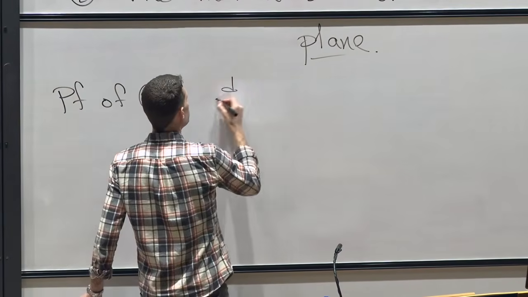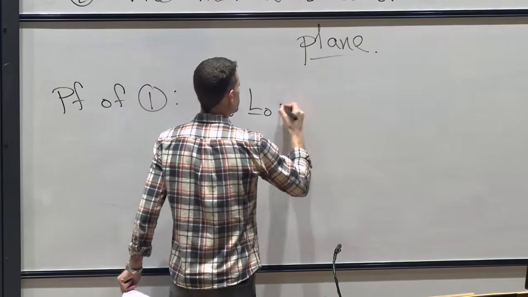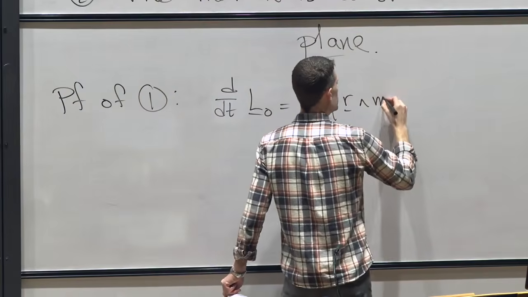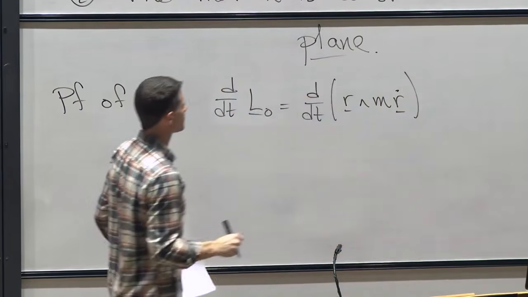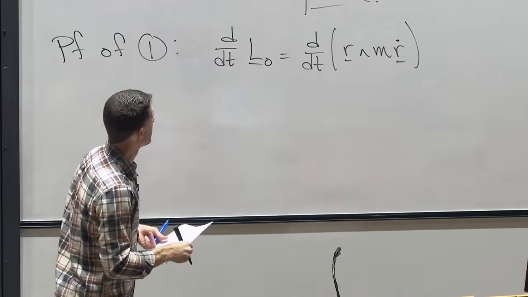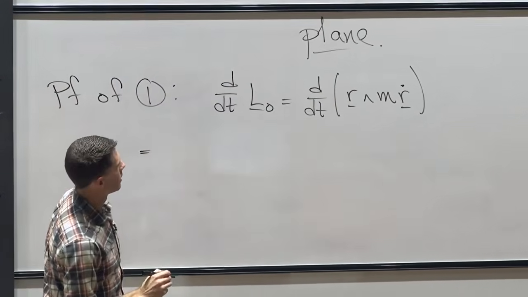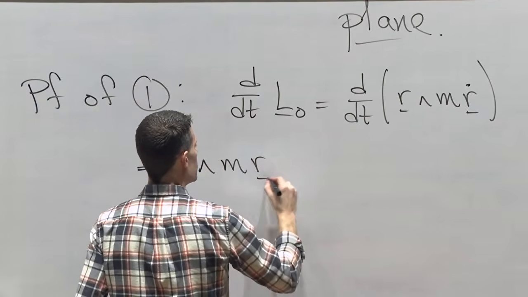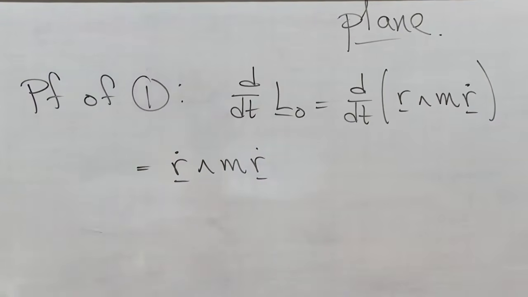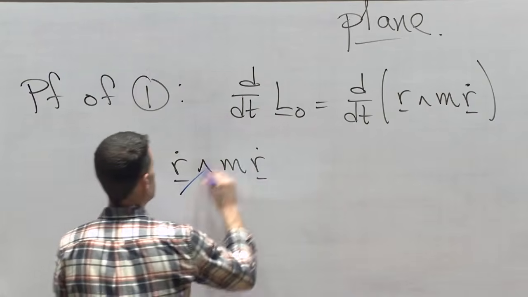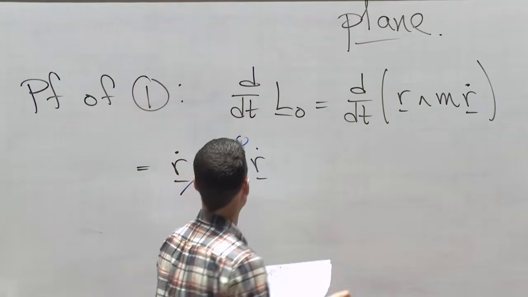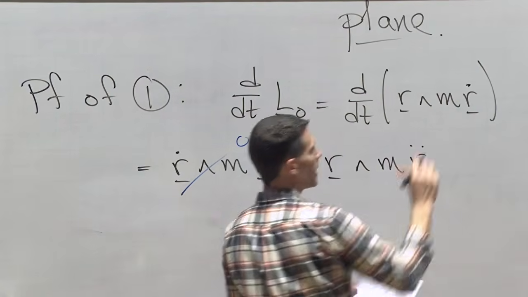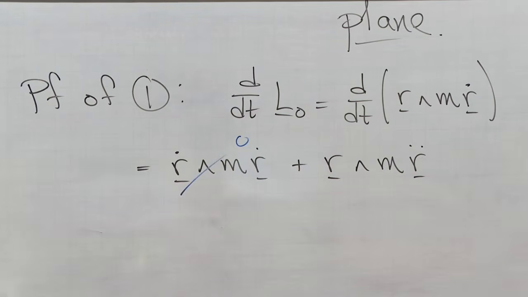So if I take d/dt of L0, that's d/dt of r cross m r dot, which is r dot cross m r dot, which is 0 because I'm crossing something with itself, plus r cross m r double dot, when the derivative goes to the second term.